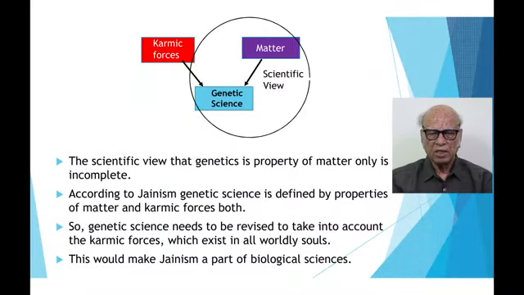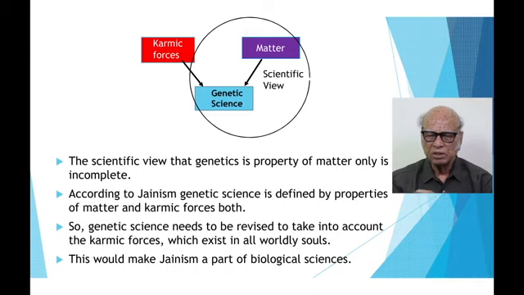So, in conclusion, at the end of this lecture, I have drawn a simple picture to explain the anomaly between the Jain philosophical view and the scientific view. Look here: I have shown in red the karmic forces which are acting, then the genetic science in blue at the bottom, and the scientists consider that this genetic science is due to the property of matter.